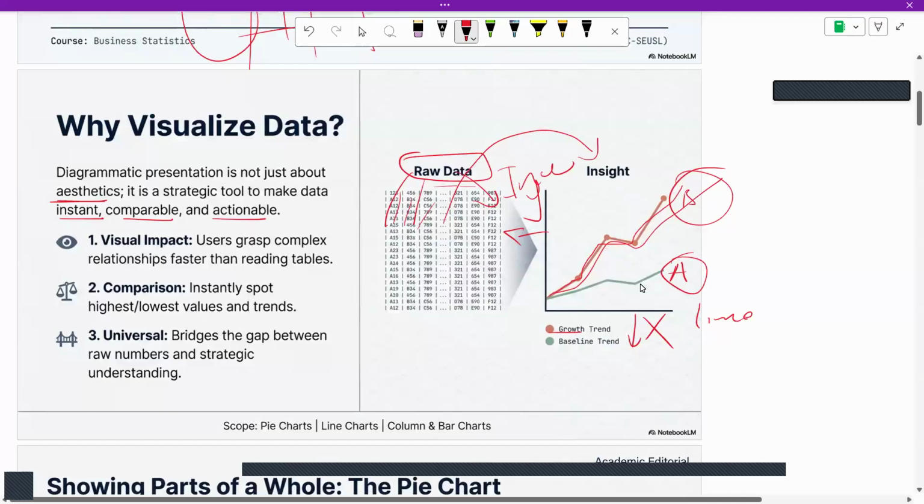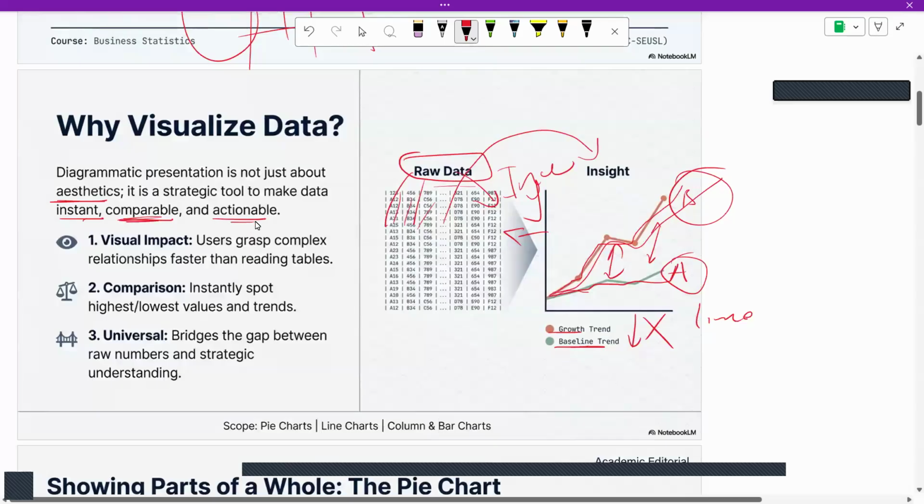And the pattern of A is like a baseline trend; it doesn't grow much. It looks flat. So it's easy when we present the data. It's easy to recognize patterns and differences. It's easy to compare. So that's the purpose: it's instant, comparable, and actionable.